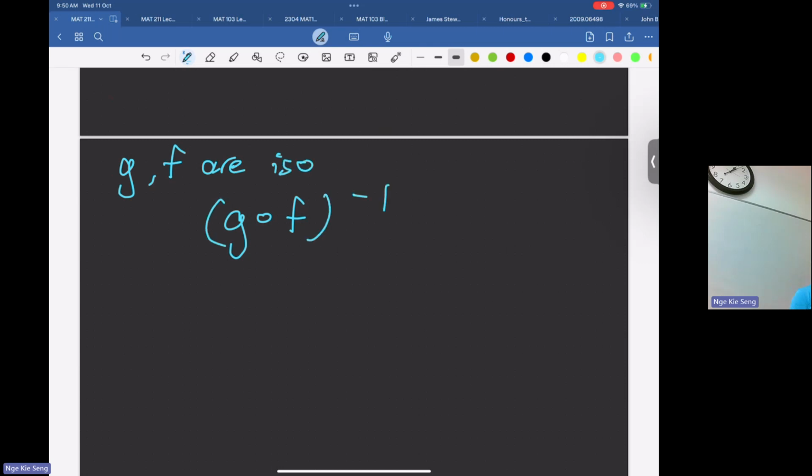What's the inverse of GF? F inverse composed with G inverse. F inverse and G inverse exist because they are isomorphisms. Then you need to see why GF is a group homomorphism, why the composition of group homomorphisms is still a group homomorphism. I think it should be easy to see.